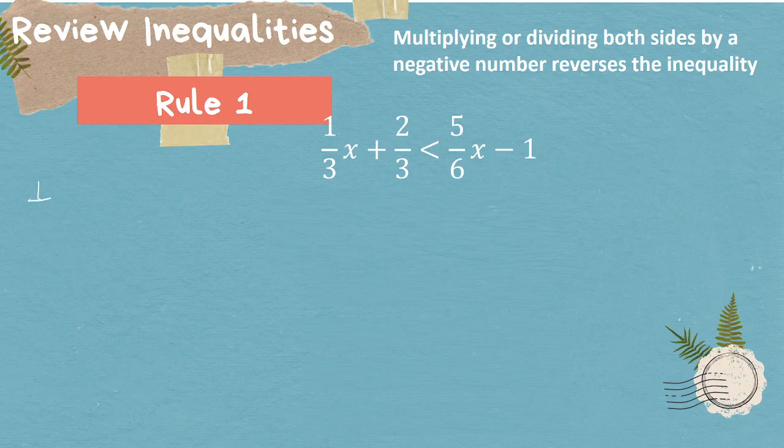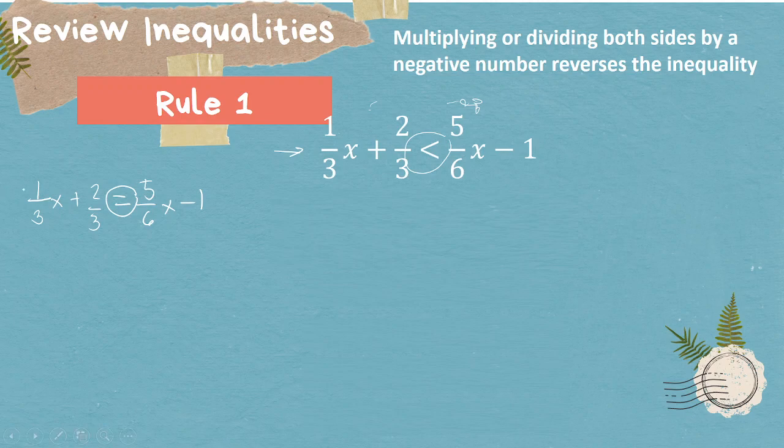So, for example, we have 1/3 x plus 2/3 equal to 5 over 6 x minus 1. Now, this equality sign is just a representation of how we are going to solve for the value of x for this one. However, there is an inequality. What does this inequality tell us? Meaning to say the one side is less than the other side of the equation.